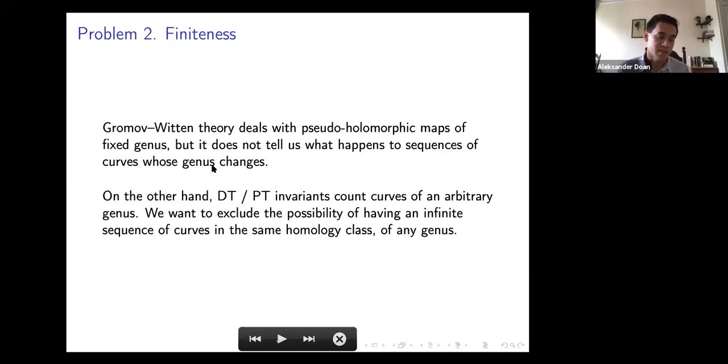However, this technique does not tell us anything about what happens to sequences of curves whose genus changes. You could imagine that there are some pathologies, for example, that you fix a homology class and you have an infinite sequence of curves whose genus grows bigger and bigger, and in the limit, it degenerates to some very singular curve.